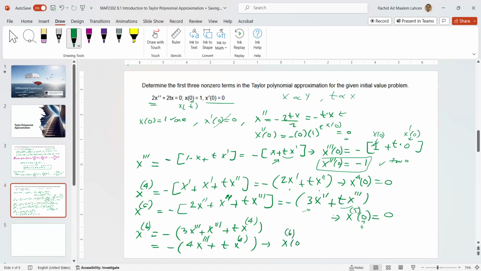So let's do the evaluation at 0. The third derivative is negative 1, we found. And 0 times the fourth derivative doesn't matter what it is, it's just going to be 0. So this is a 4. All right, that's 3 for the third one.